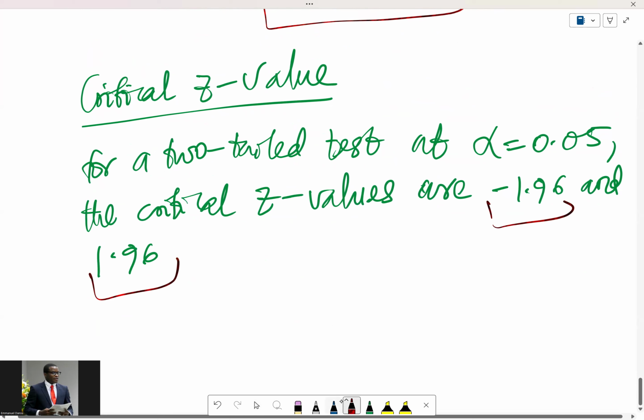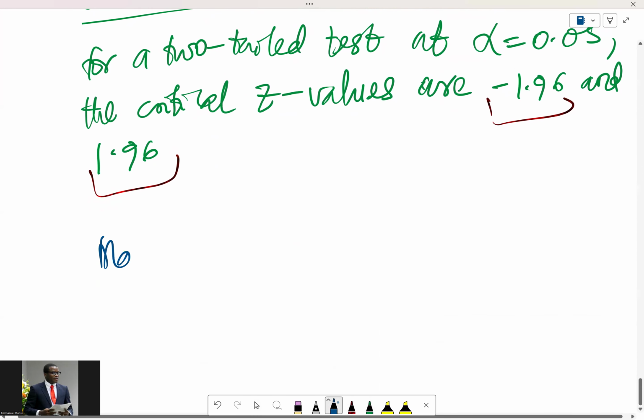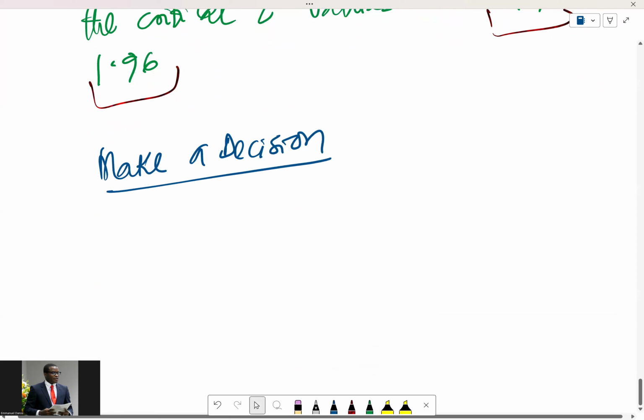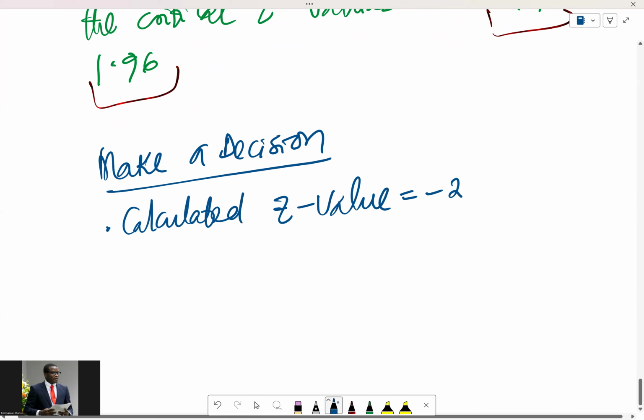So then we move on to make a decision. What's the decision you make based on this now? So we know that the calculated Z value is equal to minus 2.56. That's from the test statistic.